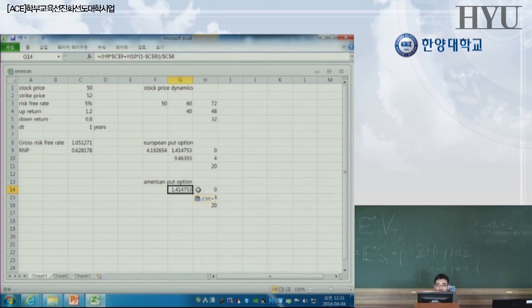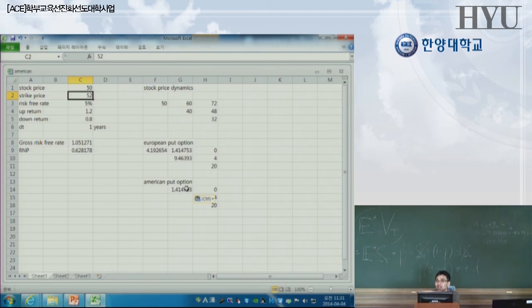We know that, right? But what if we exercise the put option right now? Stock price is 60, right? If we exercise now, we are selling a $60 asset at $52, so we are losing money, right? So we don't want to exercise the option at this point.